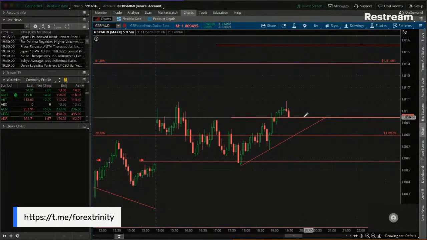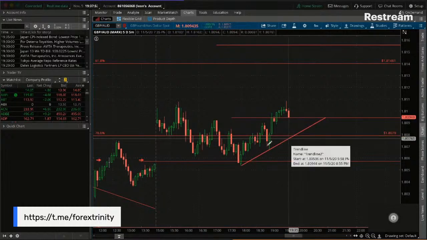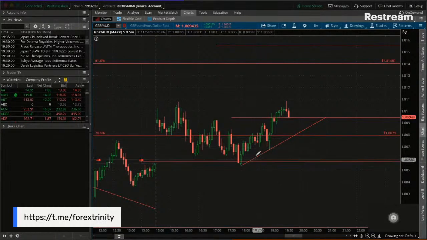So, it drops below here. Let's see where it goes. I'm curious to see if it's going to cross this trend line and head back down here, or is it going to stay above and continue? Yep, 2 minutes to see in this pair. Let's see where it closes out at.